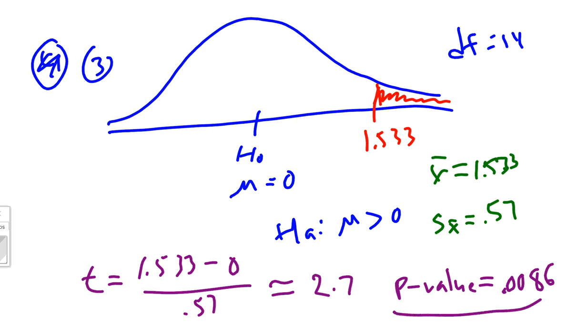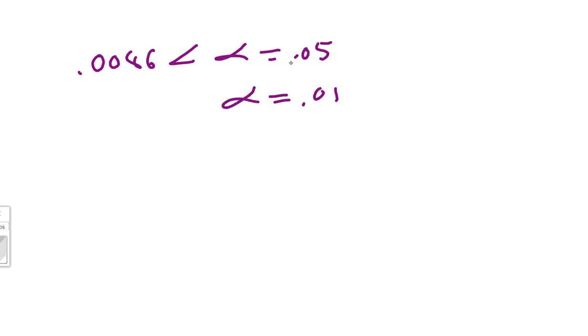Whatever it is, some of you might be rounding differently, getting slightly different answers, but that's okay. Whatever it is, that is definitely less than alpha equals 0.05. 0.0086 is less than alpha equals 0.05, or even less than alpha equals 0.01, which is sometimes another alpha value that statisticians like to use.